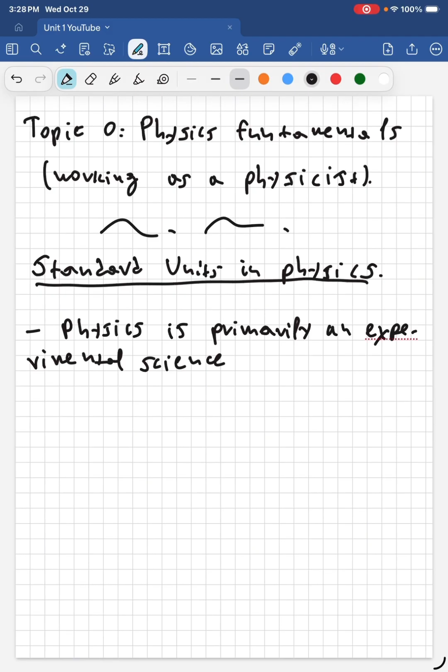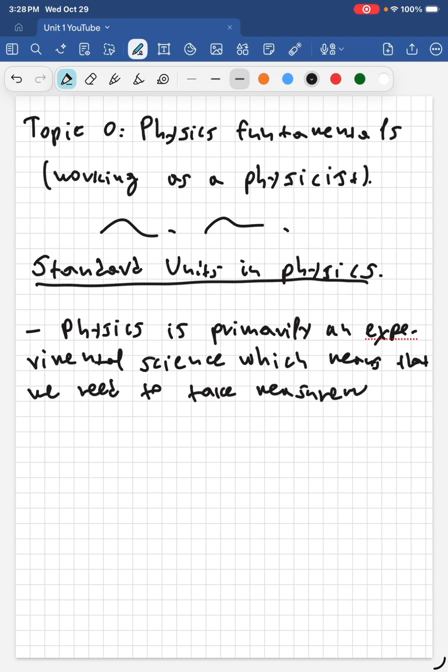Okay, which means that we need to take measurements to understand how a physical process works.